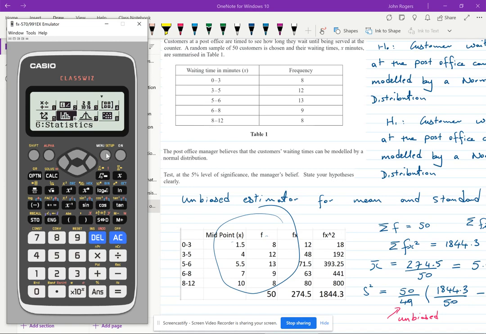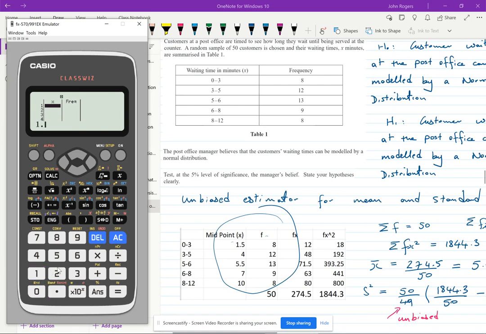If that's not there, you'll need to go to stat mode: shift menu, go to freq stat and make sure the frequency column is on. In this case, it was on already, so I'll press 1. But if you want to switch it off, which you do sometimes too, you press 2 at that point. So now let's type in these midpoints.